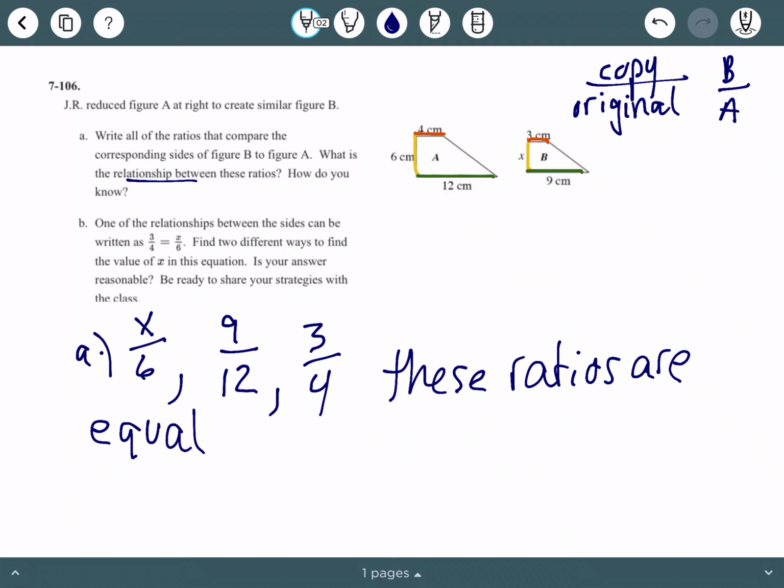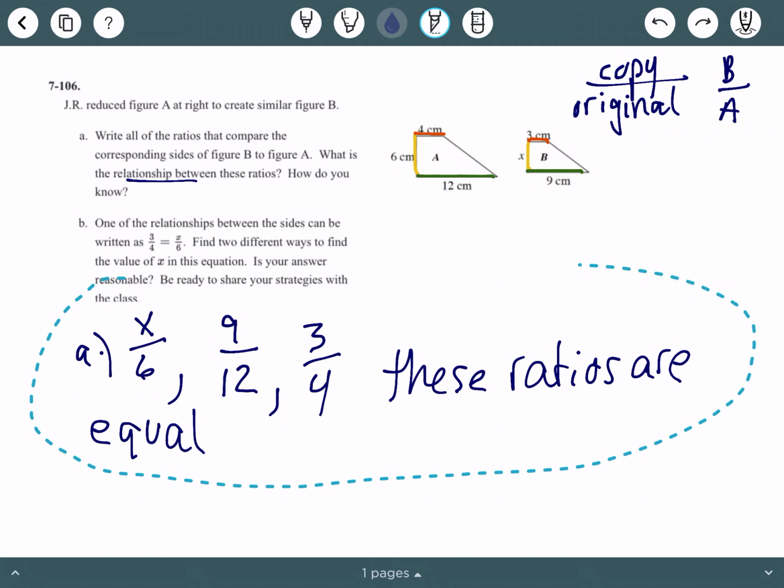Well, they're equal because, if we look, 3/4 is just 9/12 simplified, and we don't know what x equals, but we can guess that when we figure it out, it's going to be equal as well. All right, so once you have that copied down, let's go ahead and move on to B.